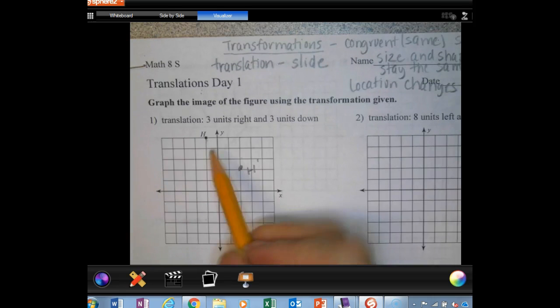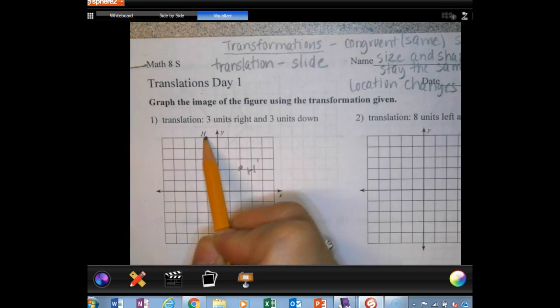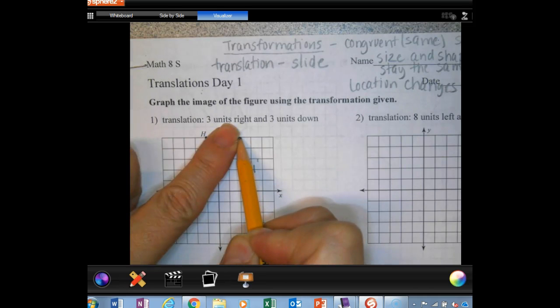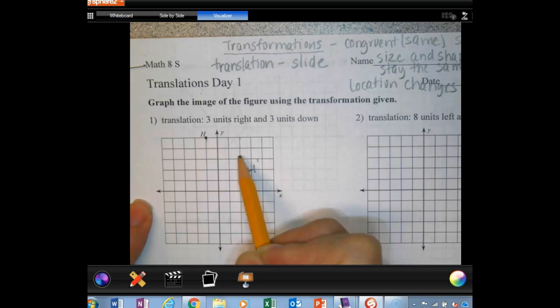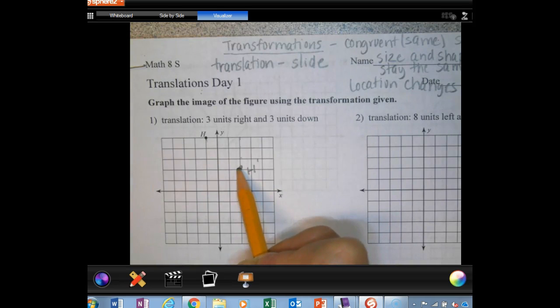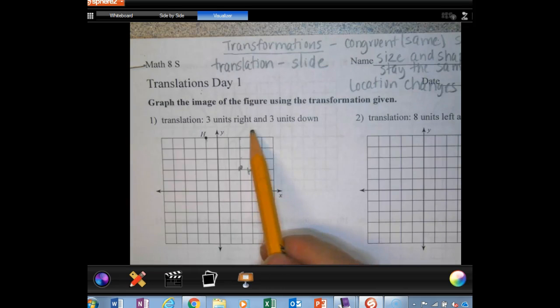Go to your paper, put your pencil on your H, and count. 1, 2, 3 right, and then 1, 2, 3 down. And that's your new point. Call it H prime. You have to follow exactly what it tells you. You go right and then down. Okay? Follow exactly what it tells you.